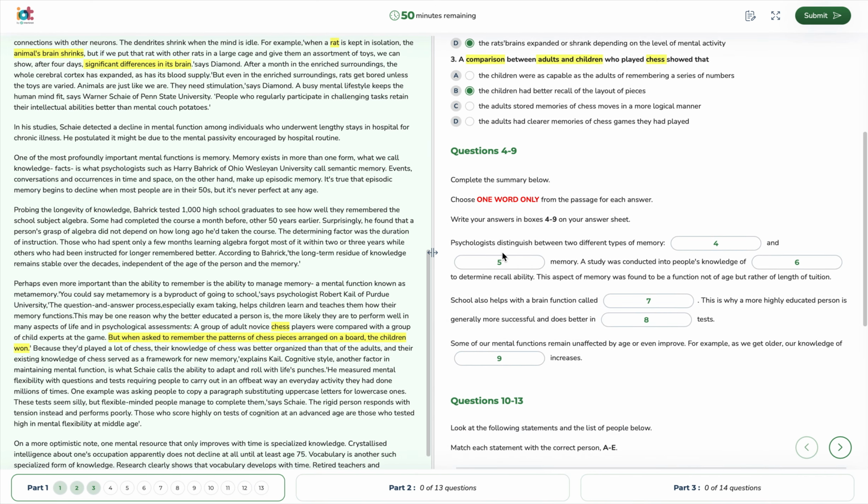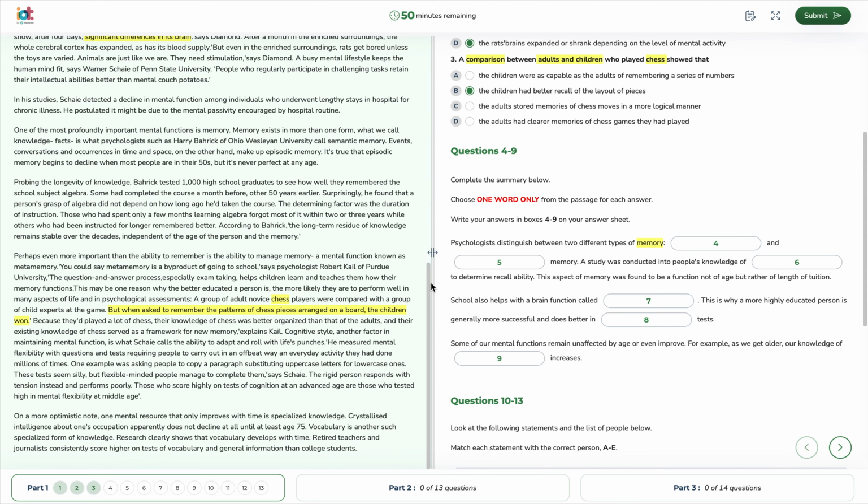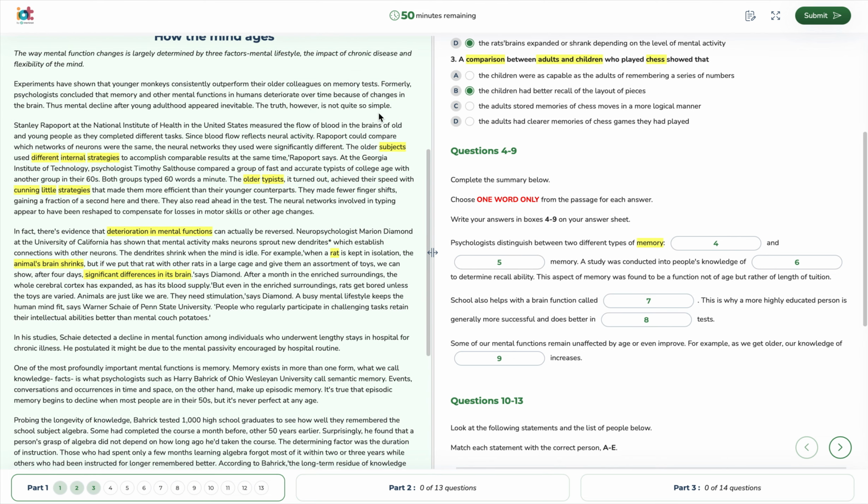They say psychologists distinguish between two different types of memory. So what I'm going to do is see where this word memory is written here. If we look at the first one, there was nothing about memory, just here, but it was a memory test. The next one has nothing.